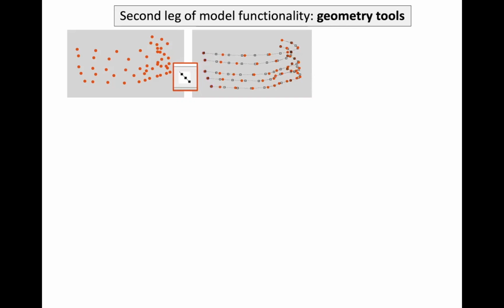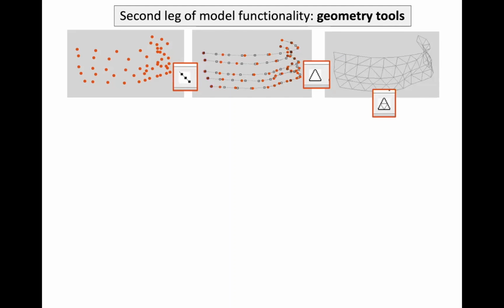Now you want to translate these points in the space into an actual surface, and on this surface, you want to pick particles. What do you do? Well, the model will give you a series of tools in which you can first create a smooth interpolant for those points in each 2D slice.